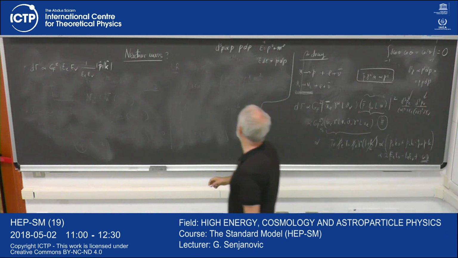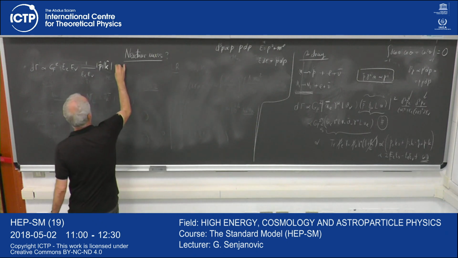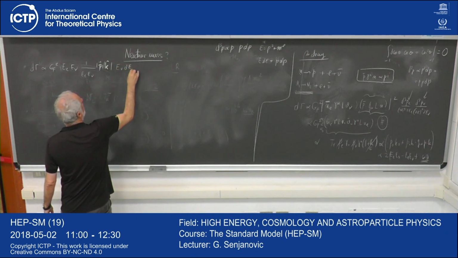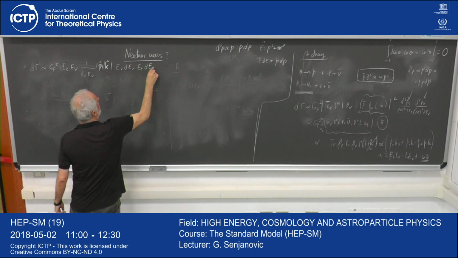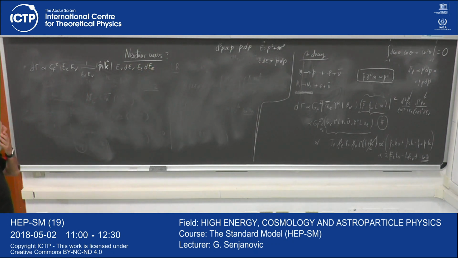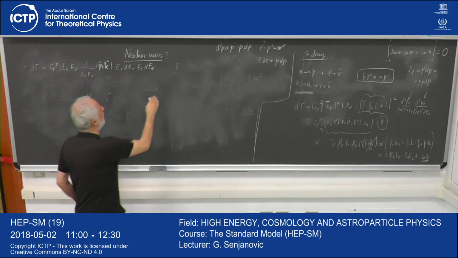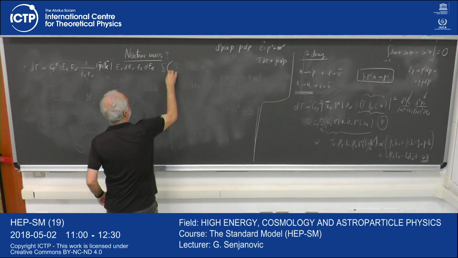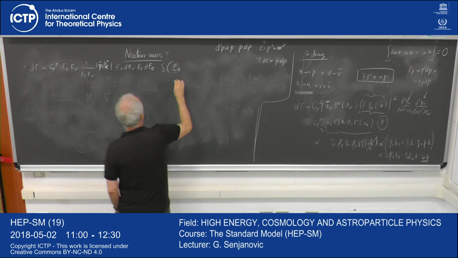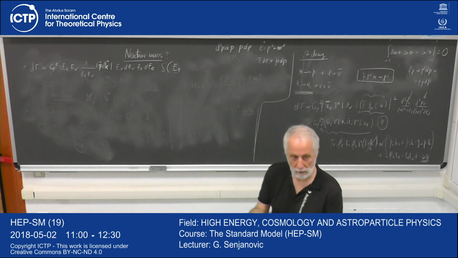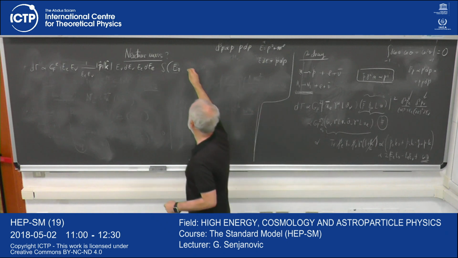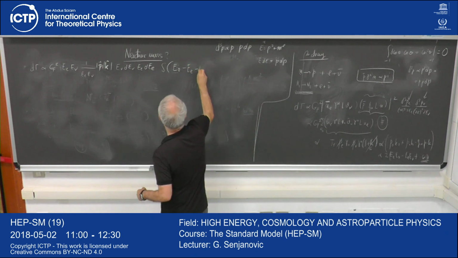And then I would have E nu dE nu, dE_e. And of course energy is conserved, so I will have the available energy, let's call it E0, okay? The energy difference between the final and the initial nuclear states, minus E_e minus E nu.